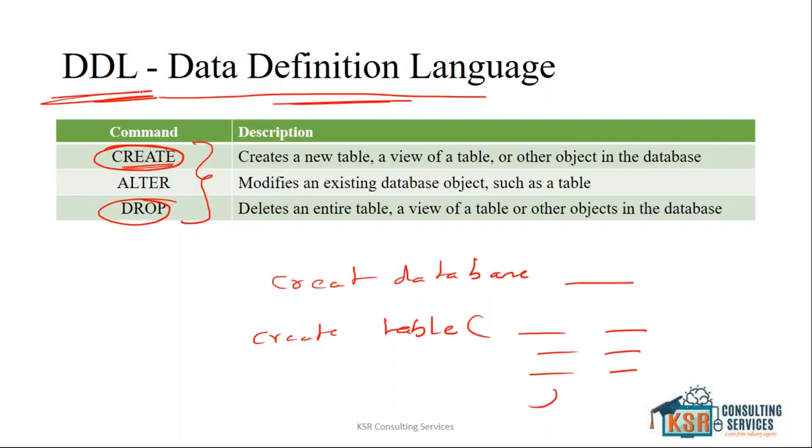And if you don't like it or you make some mistake, you will drop it. Drop is again a command used for dropping the table. This also becomes data definition language. Why is this called data definition? You are going to play with the structure. This is one column, this is column one.